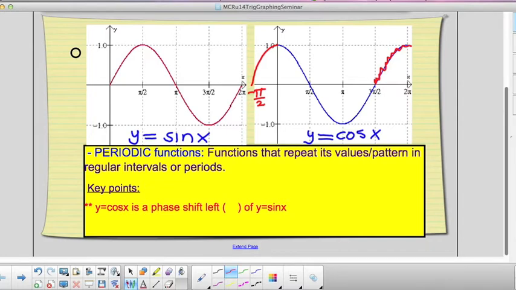And the reason for that is that the cosine function is a phase shift left by pi over 2 units. So if I'm shifting y is equal to sine x to the left by pi over 2 units, that's a very key characteristic that not a lot of people recognize. So cos x is a phase shift left of y is equal to sine x.